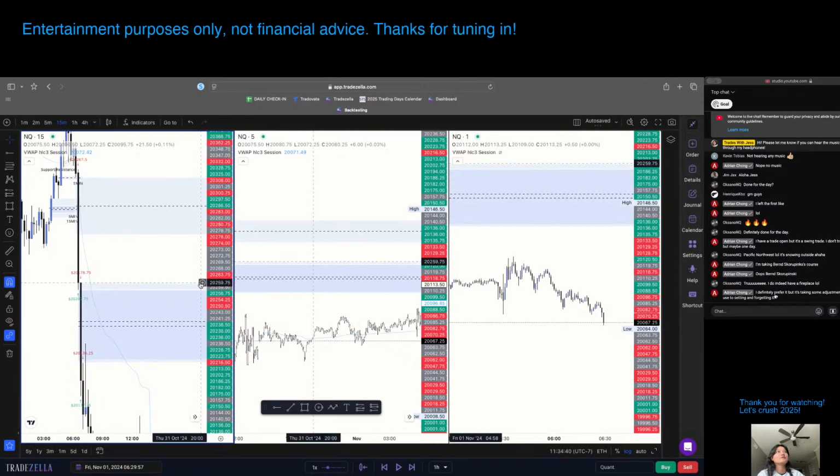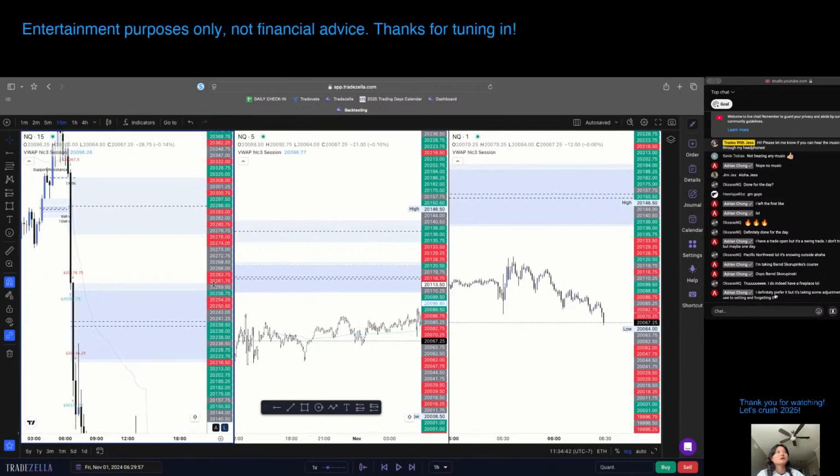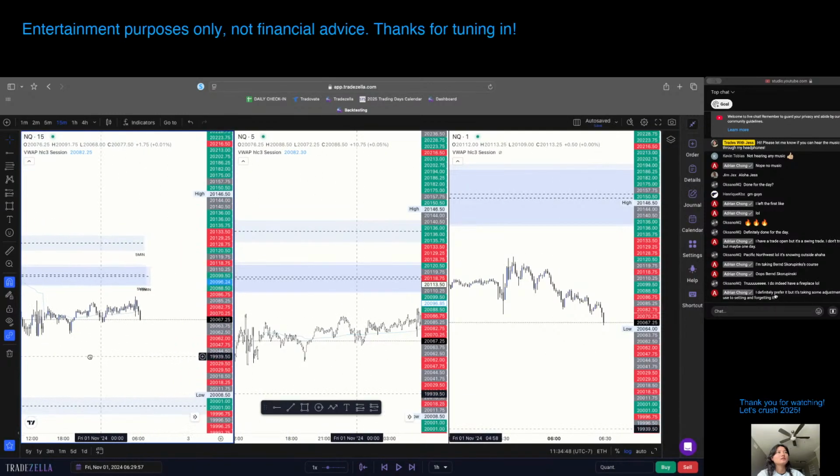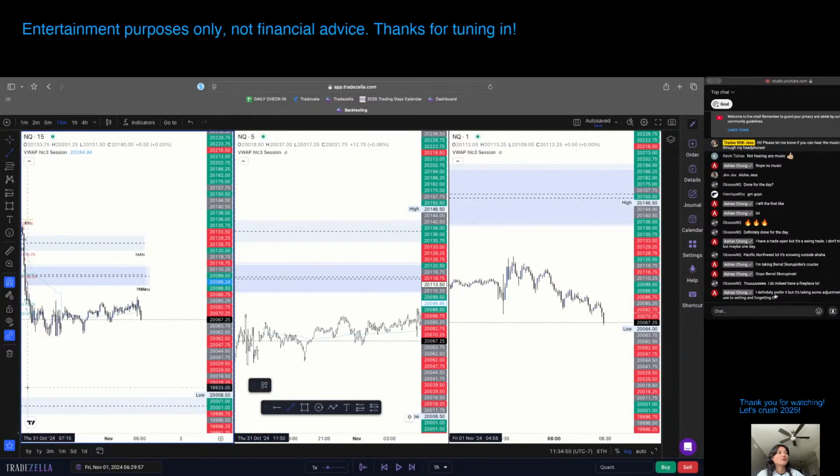And we have the 15 up here too, which I don't really want to mark because it's so massive, but it's lagging.